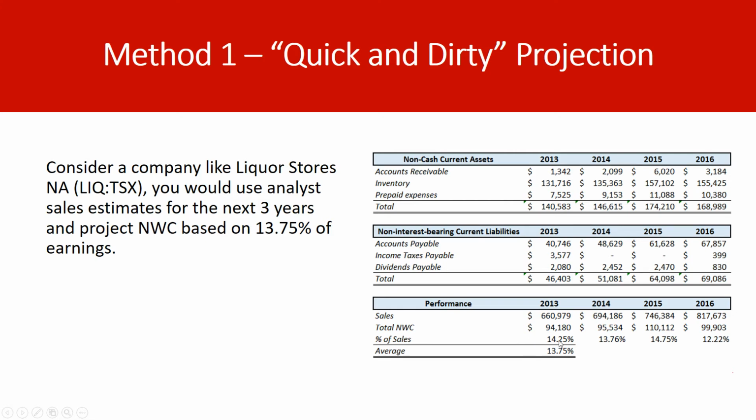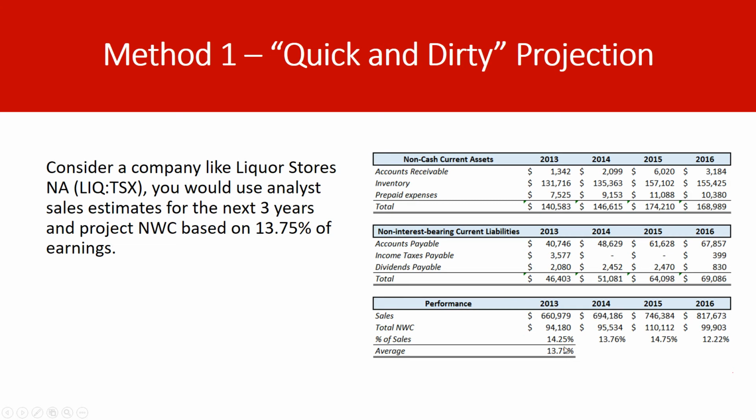It ranges within 2%. So that's a relatively consistent metric and a very quick and dirty way of doing things. You calculate the percentage of sales for 2013, 14, 15, 16, and then you can calculate the average of that or use the most recent period if you feel that's more reflective of the current environment.